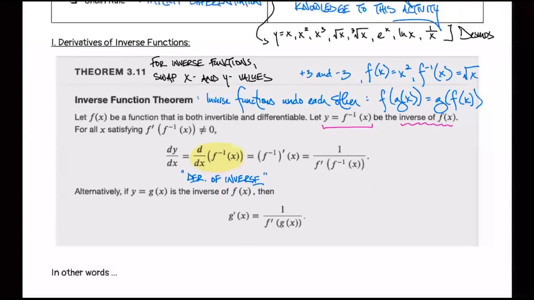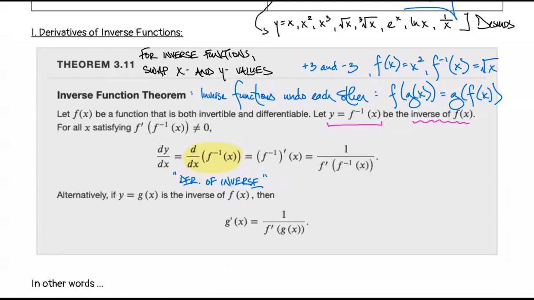All right. So we've got the derivative of the inverse. What does this mean? This symbol right here. The F with the -1 and a prime and an X. What does that mean?